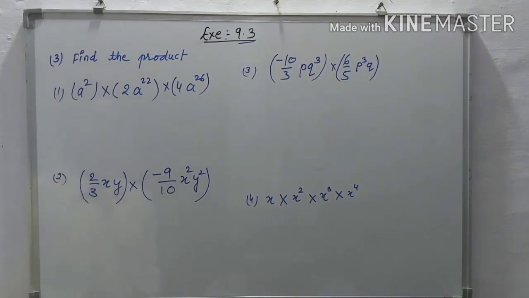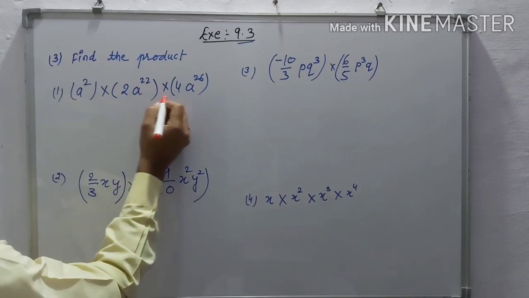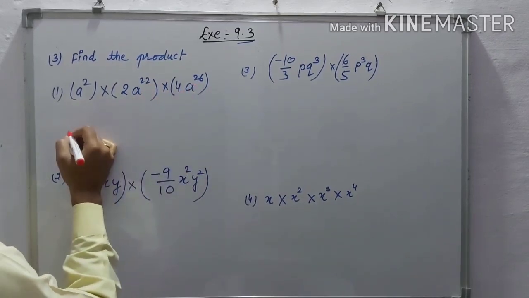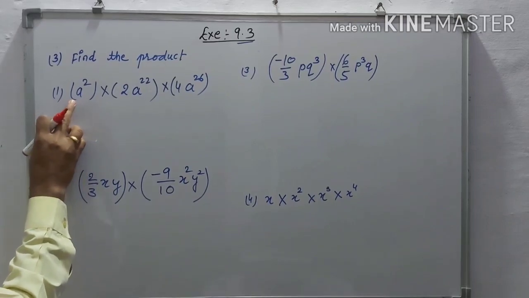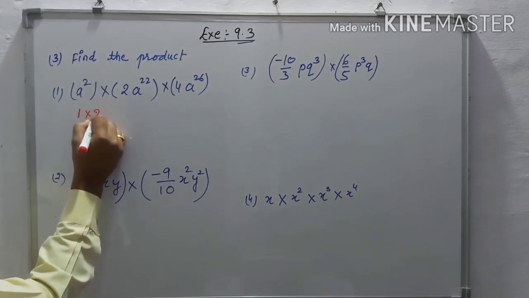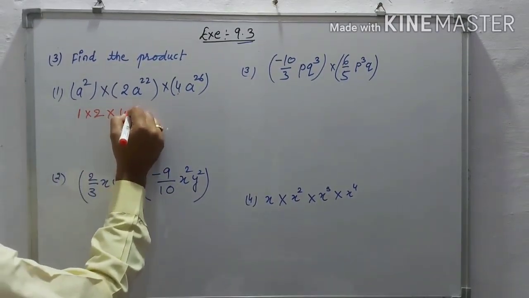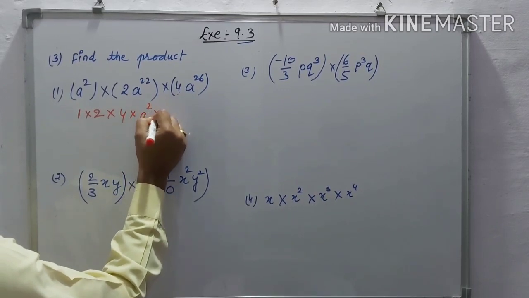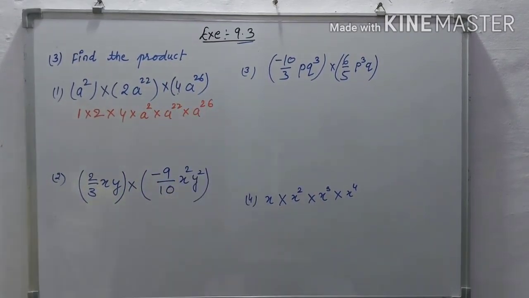Okay, now here a square multiply 2a power 22 multiply 4a power 26. So first, here a square the coefficient is 1, here coefficient is 2 and here coefficient is 4. Then multiply a power 2, a power 22 and a power 26.